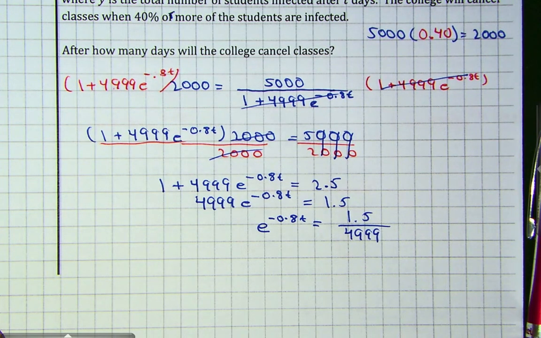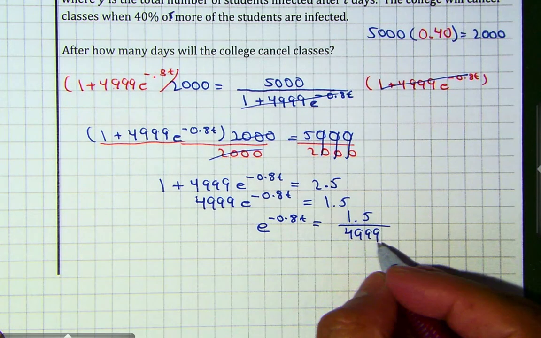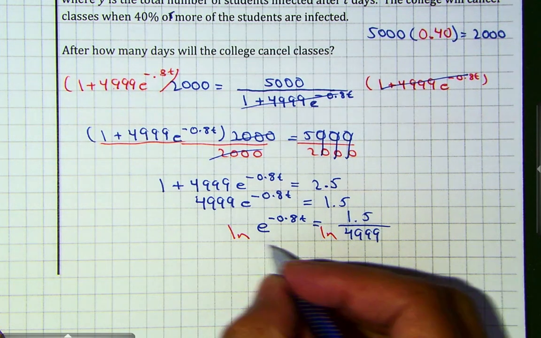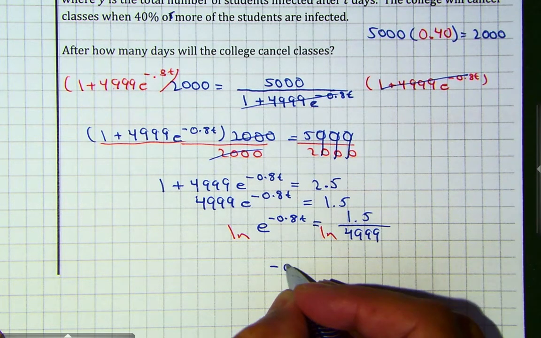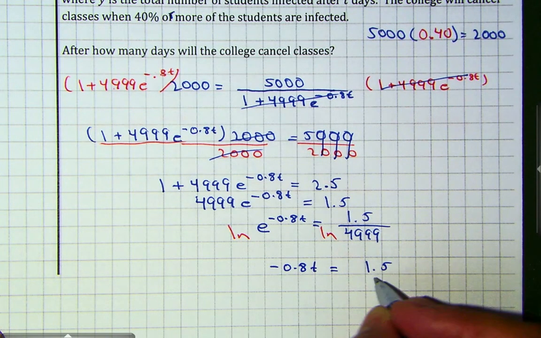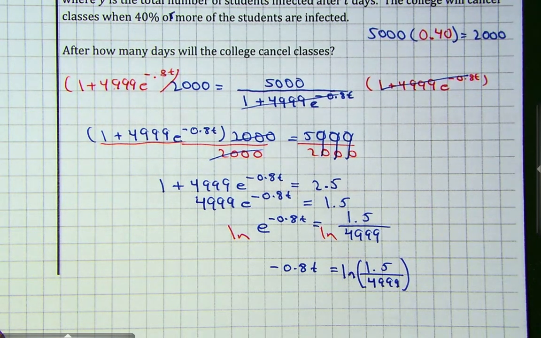Correct? How do I get rid of the base e? I take the log on both sides, log base e, or the natural log. That cancels, so I end up with negative 0.8t equals the natural log of the entire fraction 1.5 over 4999.